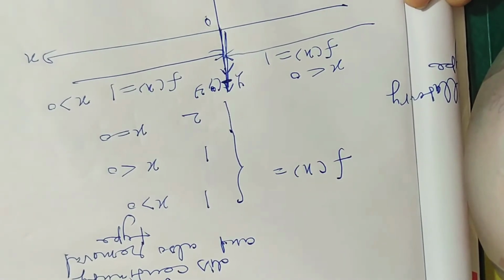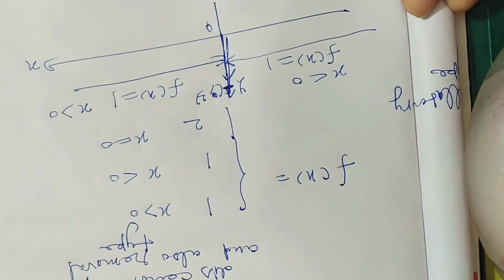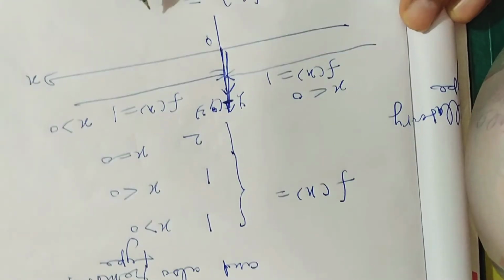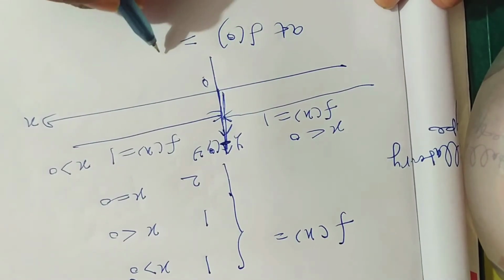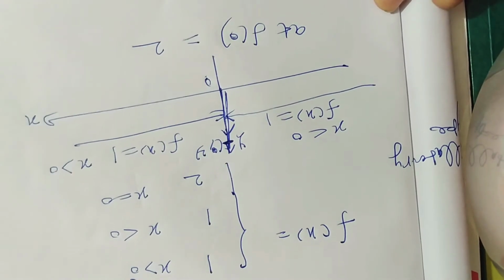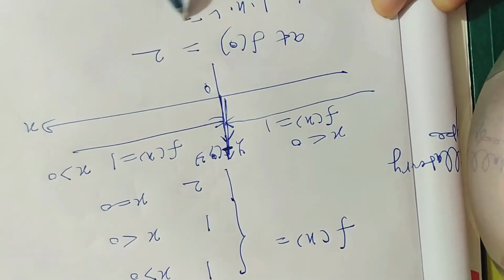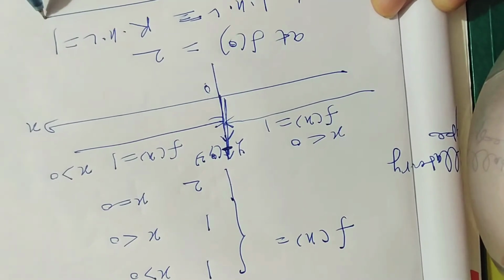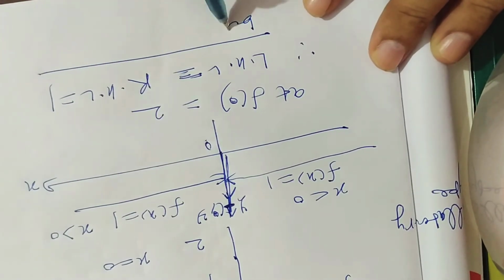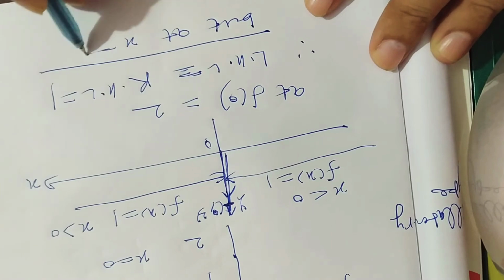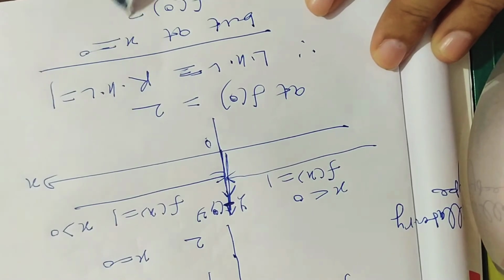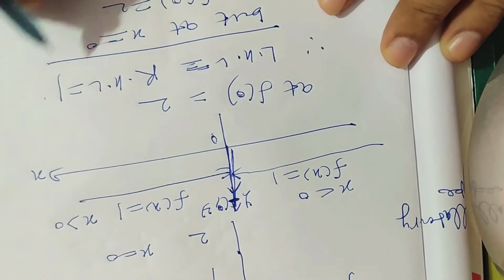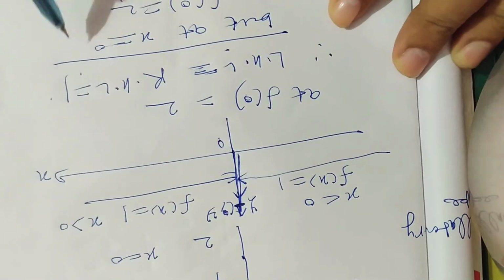It means at x equal to 0, f(0), the value of the function at 0, is 2. In this case LHL is equal to RHL, also 1, but at x equal to 0, the value of the function f(0) is 2, which is not equal to LHL or RHL.